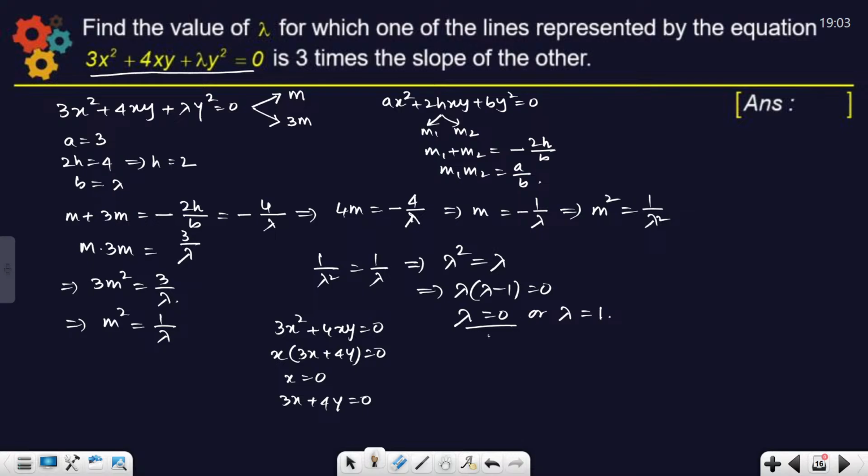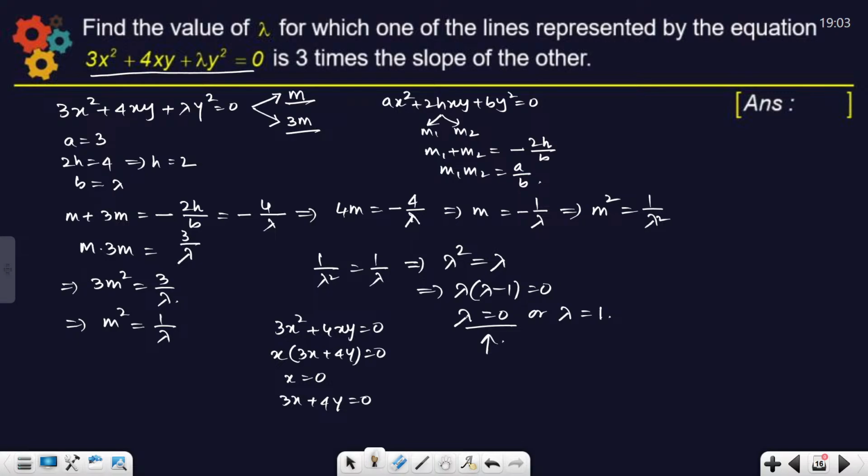The argument is, if lambda becomes 0, then your m plus 3m becomes infinity. That is, m becomes infinity, which means your slope is 90 degrees. And in that case, both of them will have the same value. But what they have said here is that the slope of one is 3 times the slope of the other.